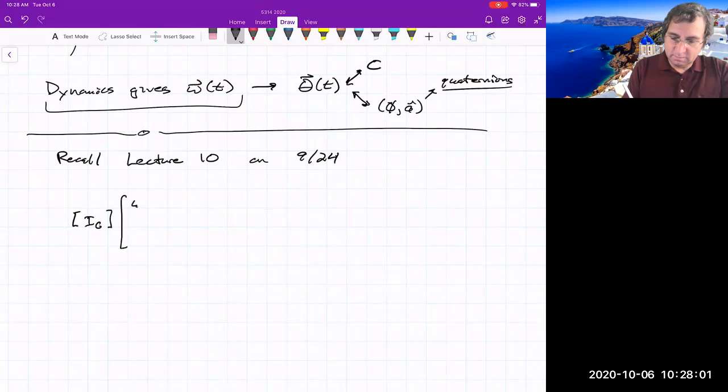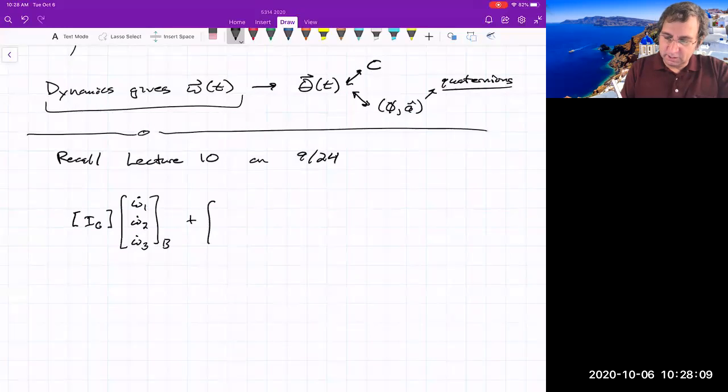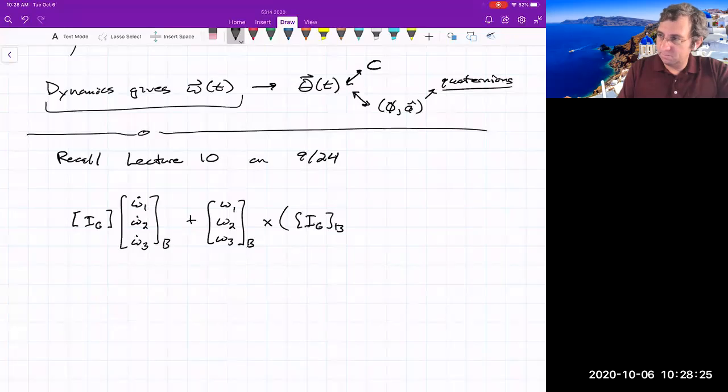We had this, if you remember, plus I'm writing the rotational dynamics, or Euler's second law. We have this vector cross product, the moment of inertia times omega 1, omega 2, omega 3.